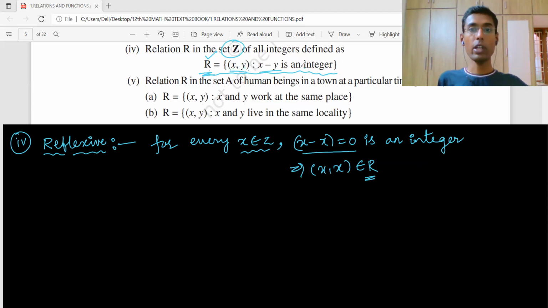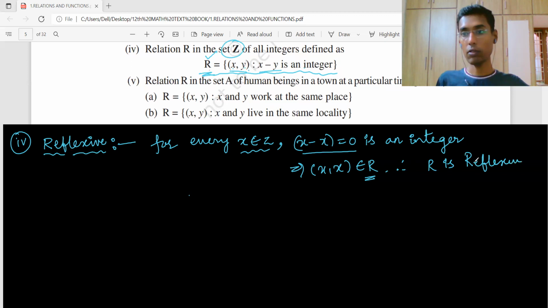For every integer, that means 0 0 is there, 1 1 is there, 2 2 is there, 3 3, 4 4, minus 3 minus 3, minus 4 minus 4 are there. Every integer. Therefore, what should you conclude?